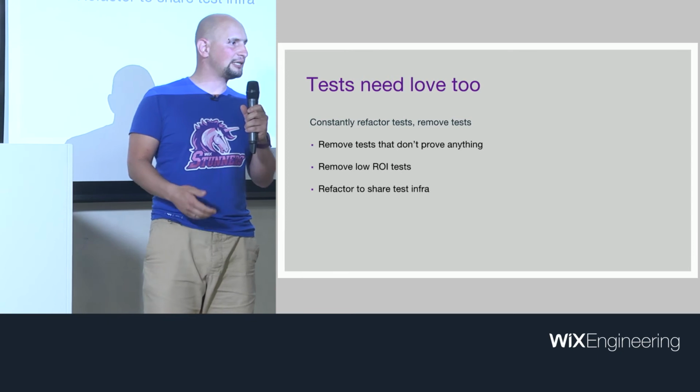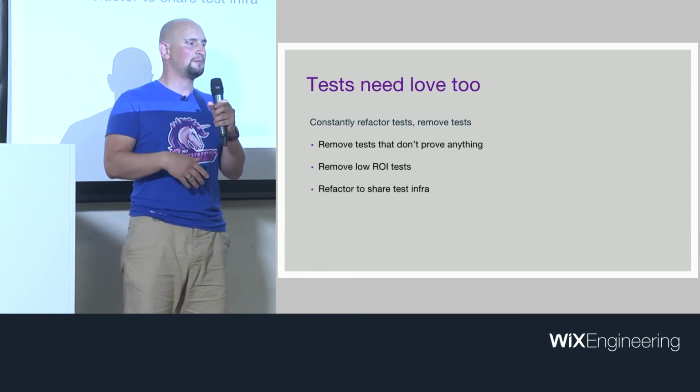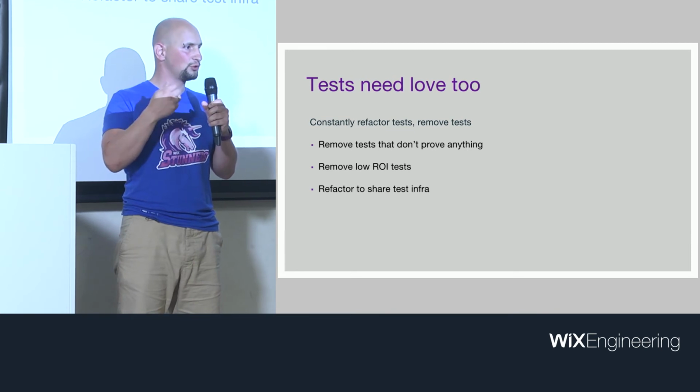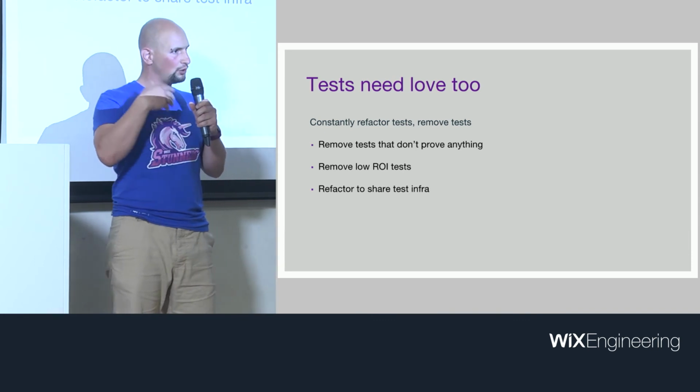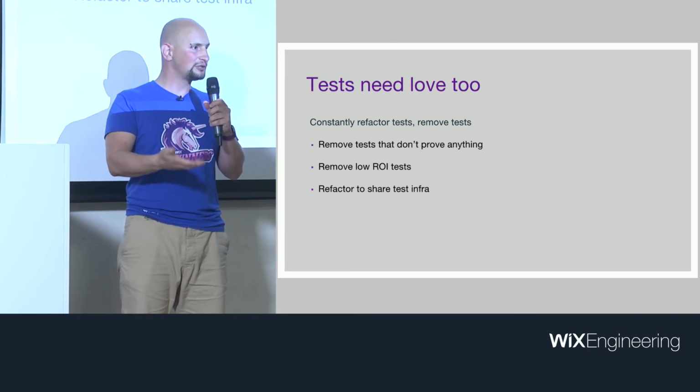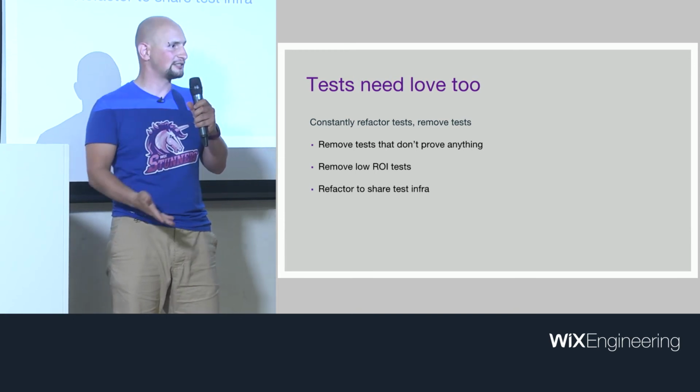This depends on the team. In my team, for example, we don't have a periodic cycle for doing that. Every time we look at the code, every time we look at tests, every time we have a feature, we're already in the code, we're already looking at the tests, and when we implement a new test, we go and look at the other tests, and we ask ourselves, can we remove those other tests?